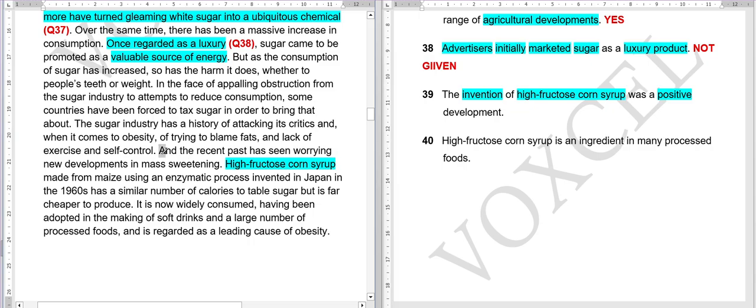And from here to, let's just say, here, you have your answer to question number 39. And to tell me whether the answer is yes, no, or not given, you have around 10 seconds.